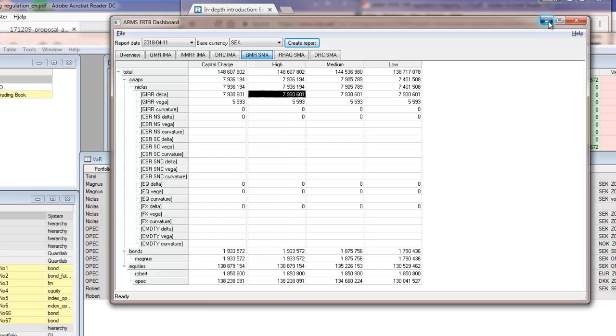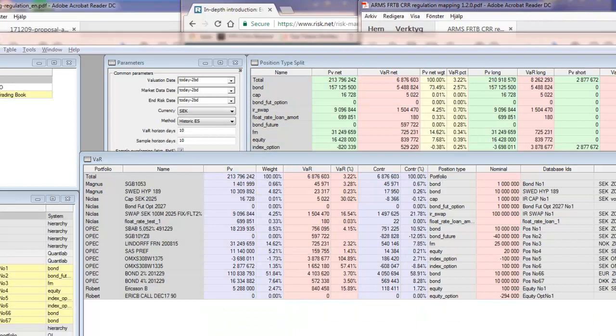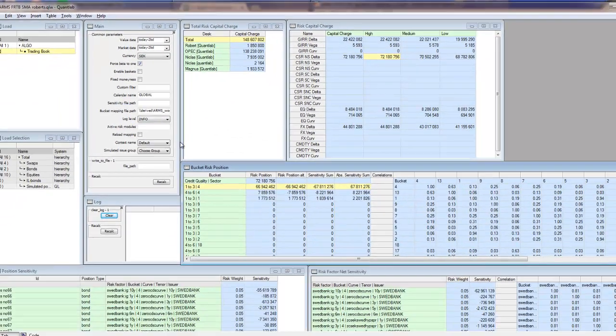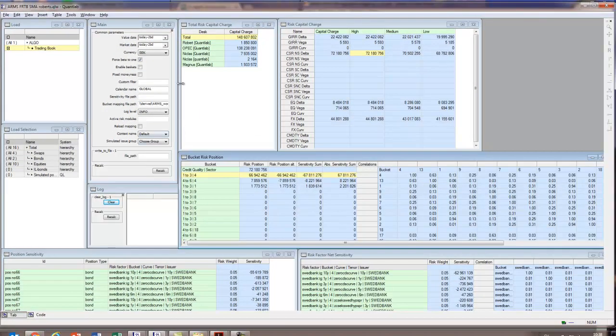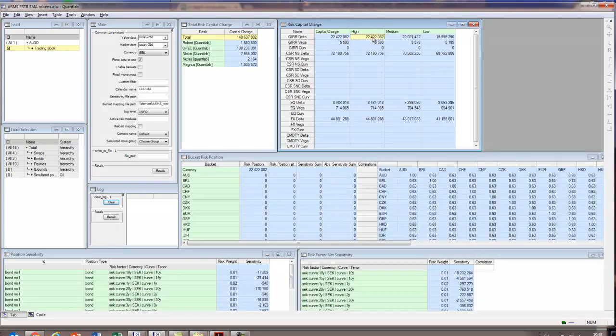So we would then proceed to our detailed view, and then we would end up in something like this. With these charges, we have our portfolio and we have our settings, and we also see all the desks calculated. And now we can break this down and see, okay, so we have the GIRR delta charge, the high, where does this come from?